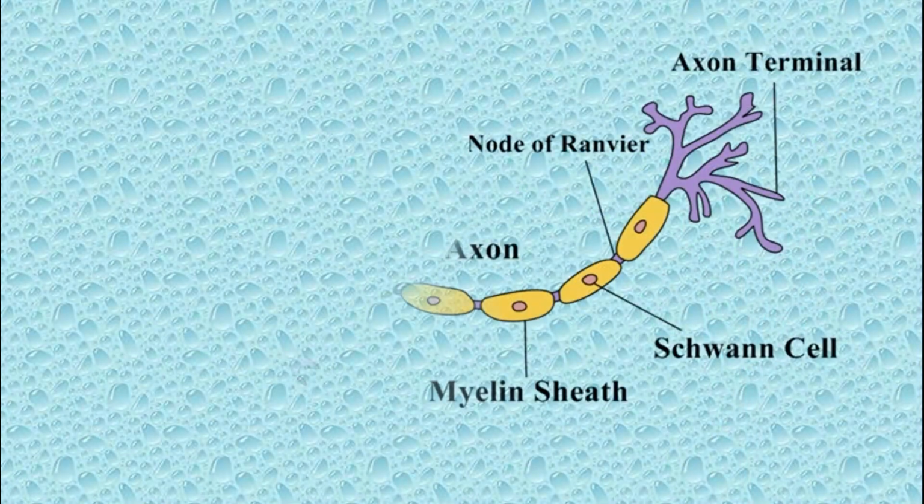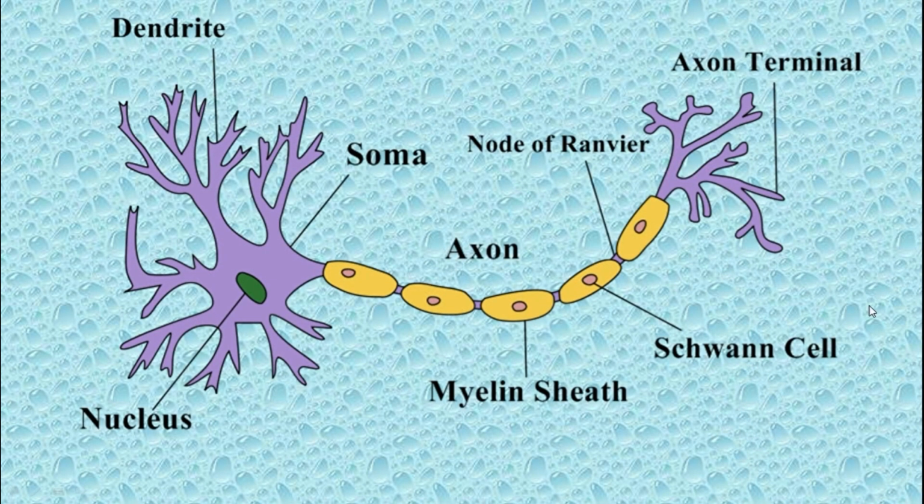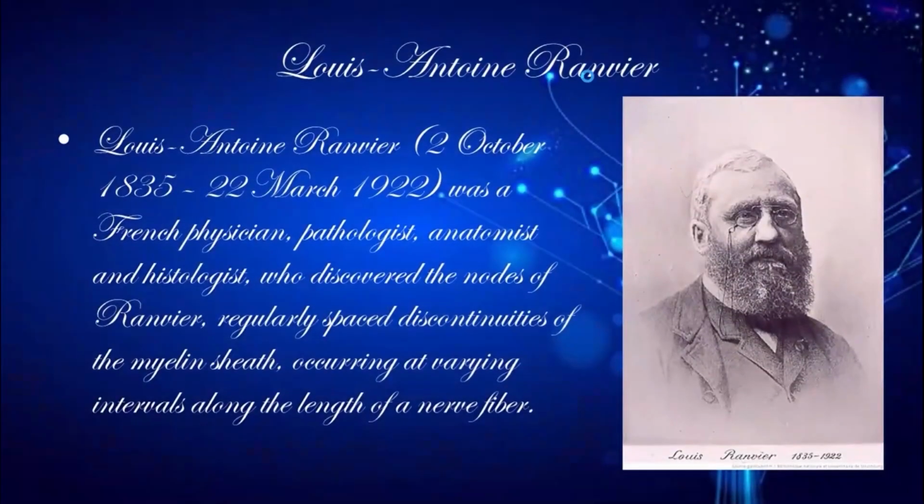Getting back into the structure of a neuron, the Schwann cell helps in producing the myelin sheath. Next, we have the nodes of Ranvier. Once again, the name is given by a scientist's name, Louis Antoine Ranvier.